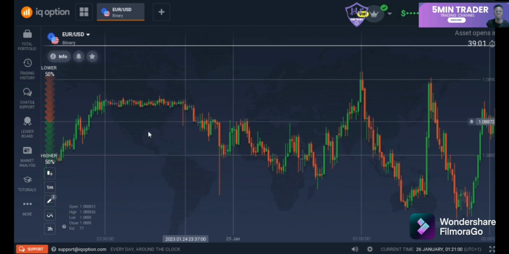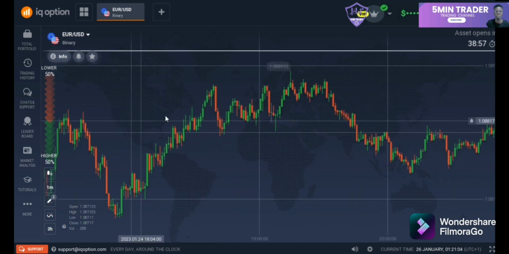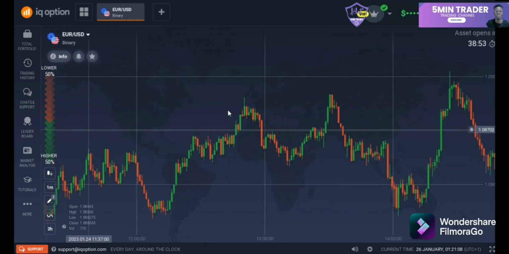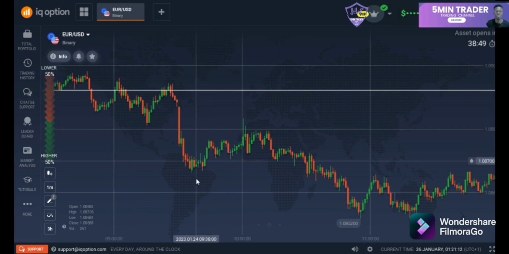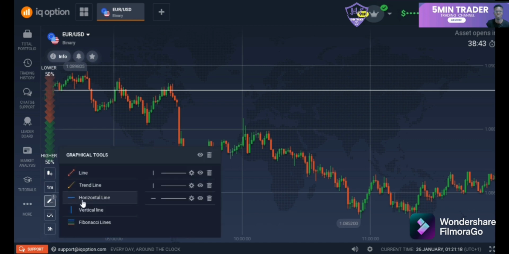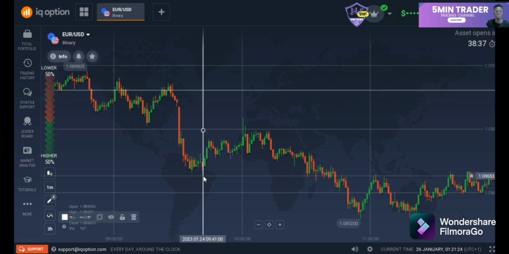Now let's try to get an example for a downtrend. If a market is trending down, let me try to get, okay. Now this is a downtrend. For instance, if the market is currently at this area when we open the chart, you cannot trade here.